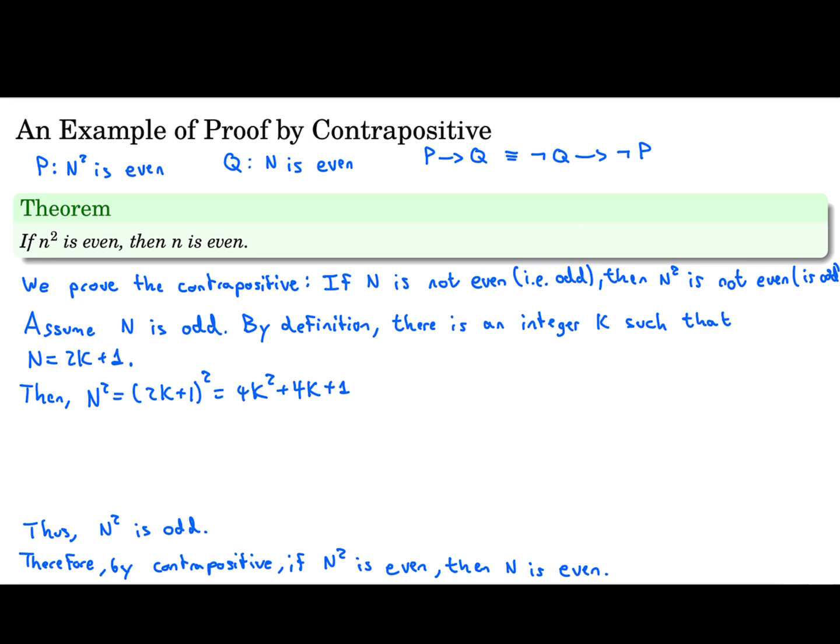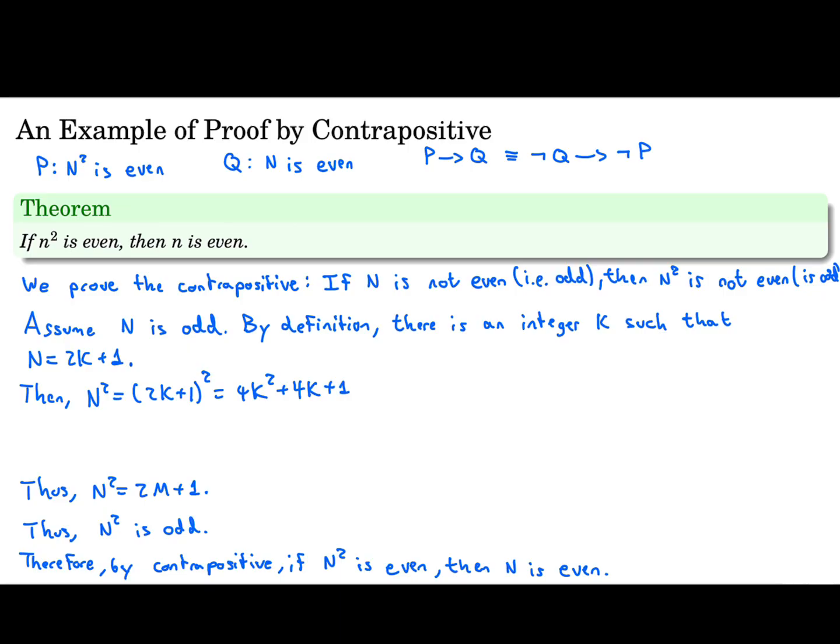It means that we want to find some m, let's say, such that n squared is equal to 2m plus 1, which by definition means that it's odd. So this is our goal. We would like to isolate a 2m plus 1.